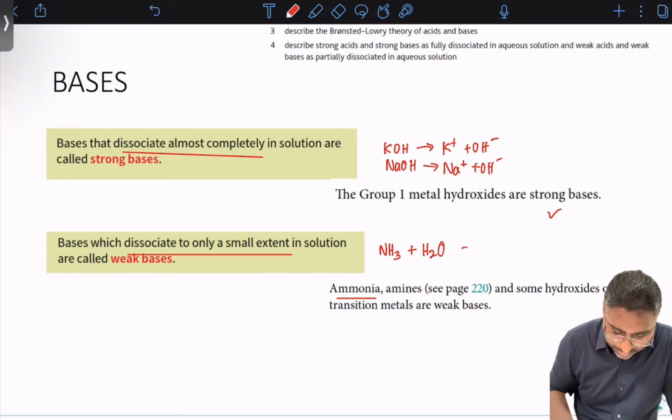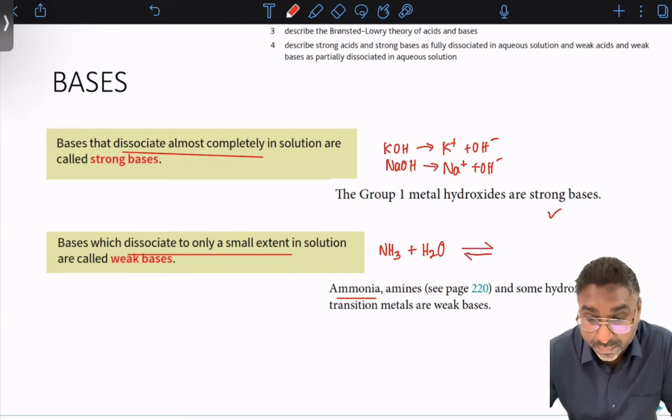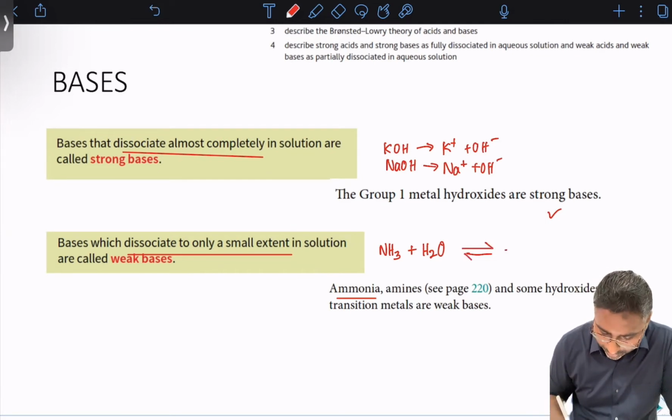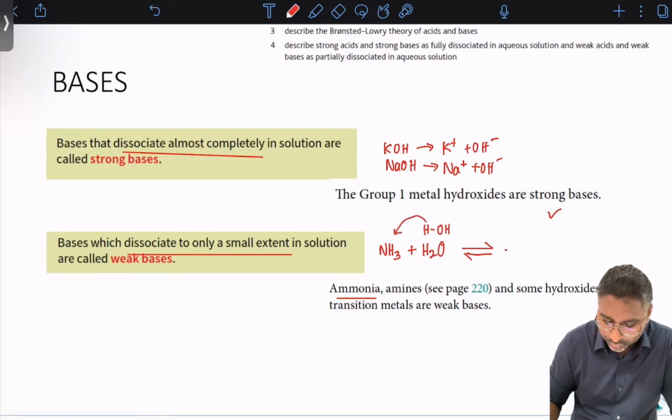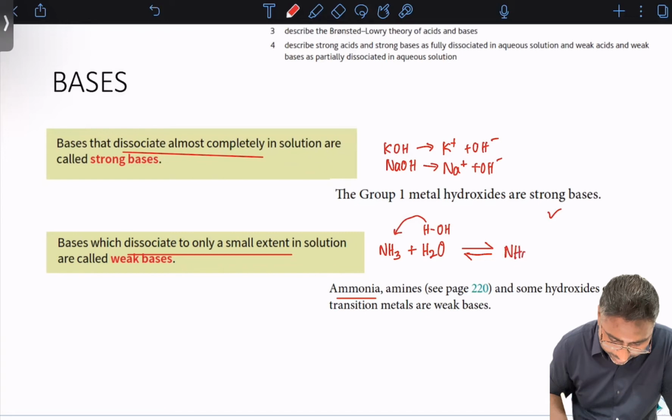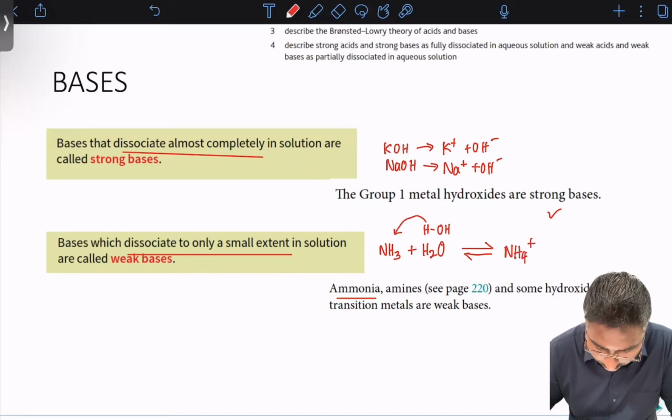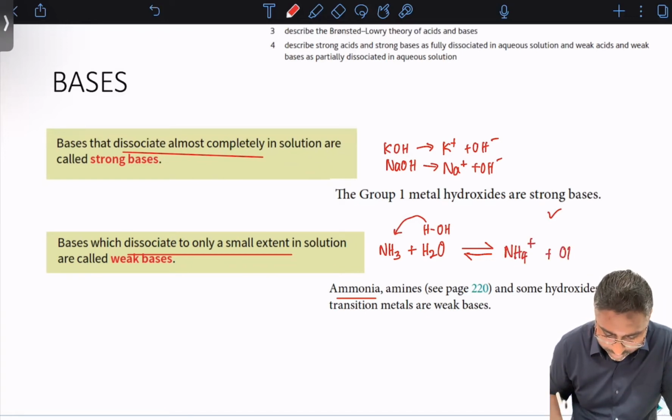And because it's a weak base, it must be a reversible reaction. What happens here is the H2O will give the H plus to ammonia to give you NH4 plus, the ammonium ion, left with OH minus.